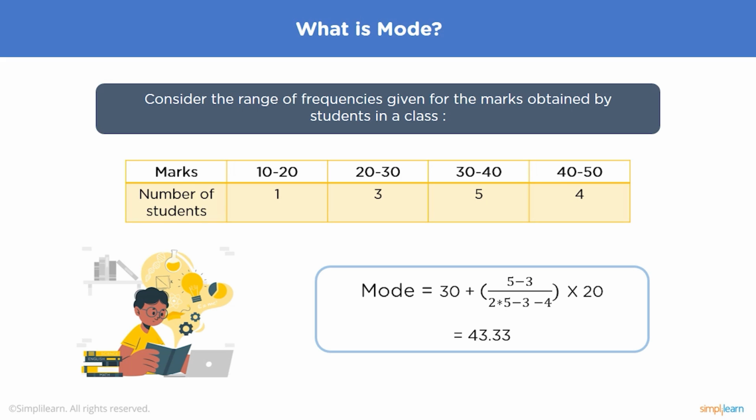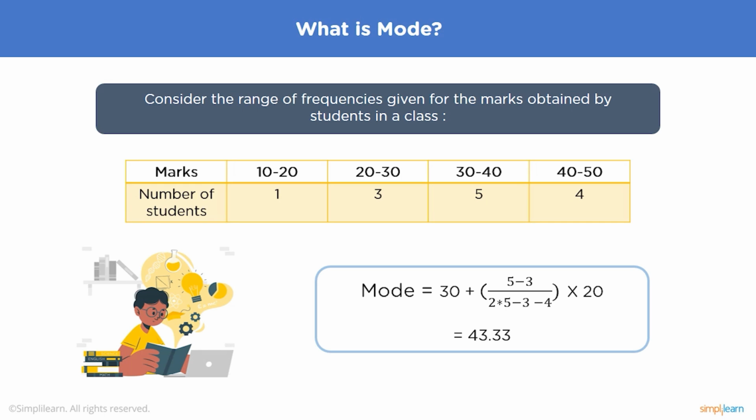So we first have our L term, which is nothing but the lower limit of our modal class, which is 30. We then have the frequency of our modal class, which is 5, minus the frequency of the class preceding our modal class, which is 20 to 30 with the frequency 3, divided by 2 into the frequency of the modal class, again 5, minus F0 minus F2.